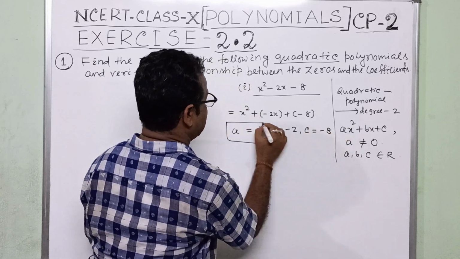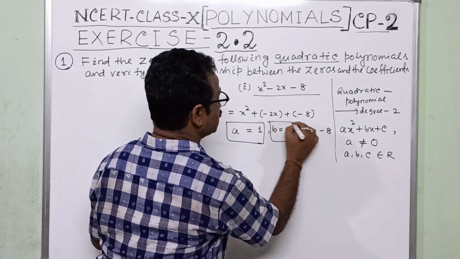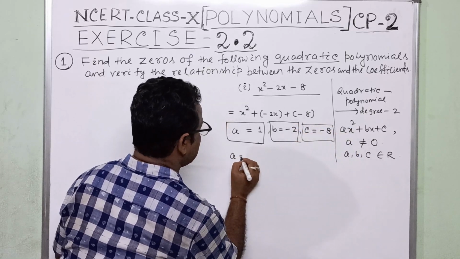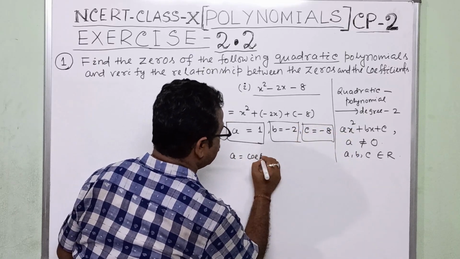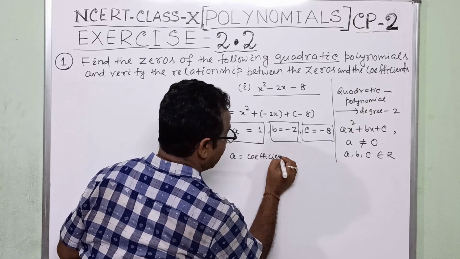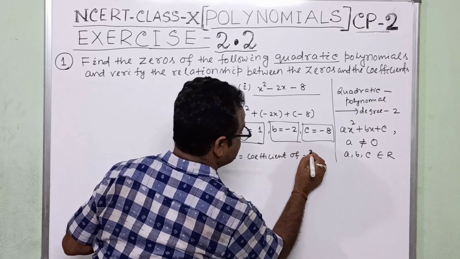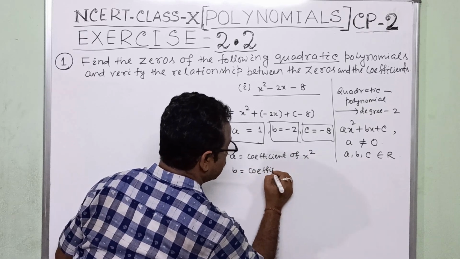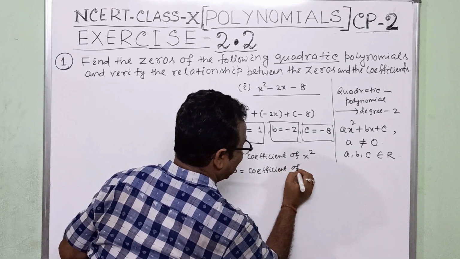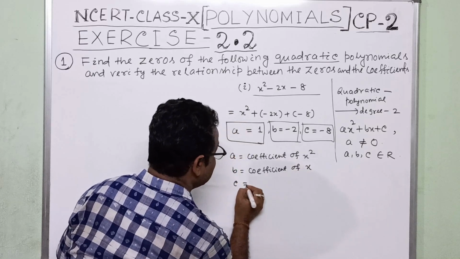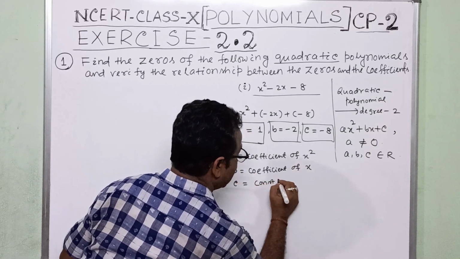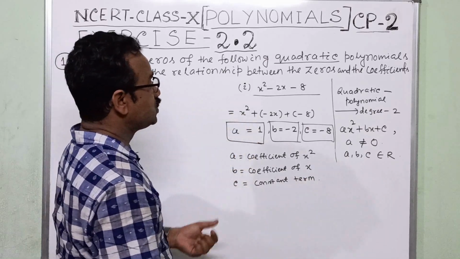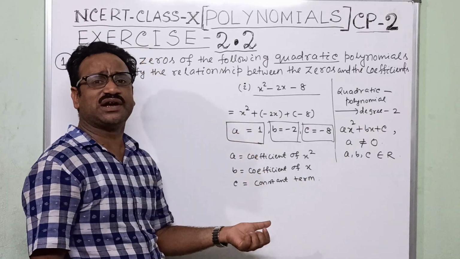What is a? a is the coefficient of x square, b is the coefficient of x, and c is the constant term.